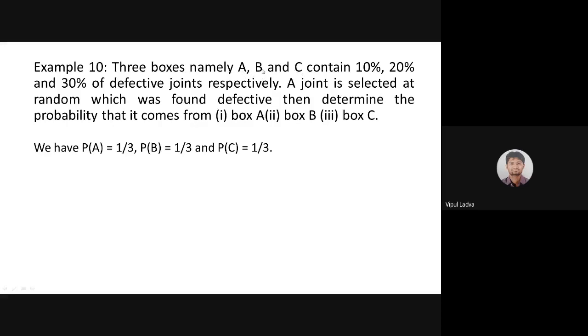Because we have three boxes right now, A, B, and C. All three have equal chances of which joint I'm going to select. It might come from A, from B, or from C. So the probability that event A occurs will be 1 by 3. Similarly, P of B will be 1 by 3, and P of C will be 1 by 3 because these three are equally likely events.